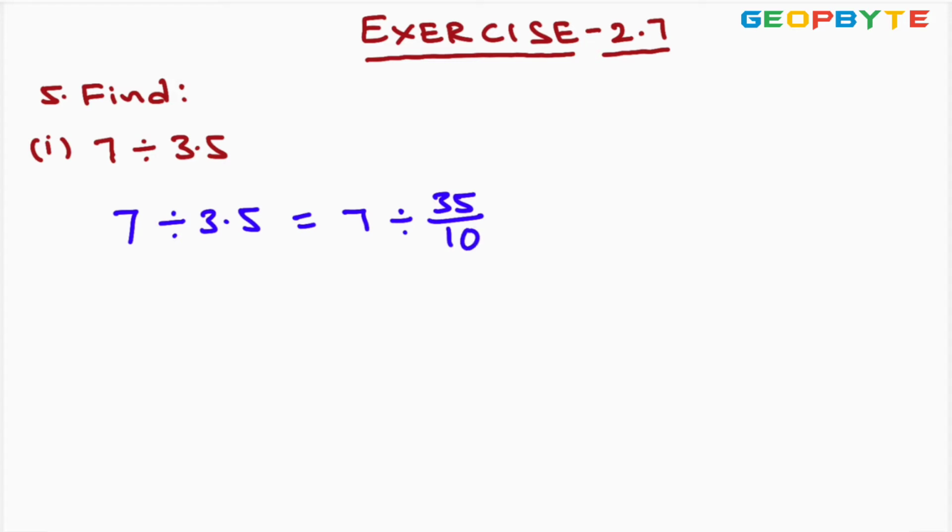Because in 3.5, after the decimal point, we are having only one digit, so that's why I'm dividing with 10. So that's why I'm writing 35 by 10, which is equal to 7 into the reciprocal of 35 by 10. The reciprocal of 35 by 10 is 10 by 35.